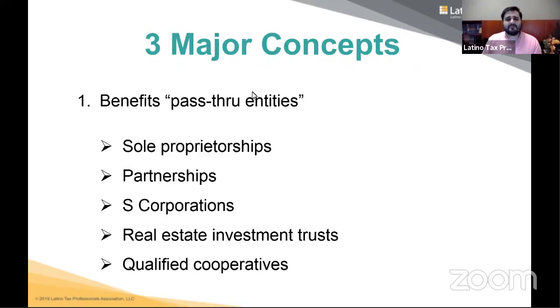Three major concepts to understand. Number one, it only applies to pass-through entities like sole proprietorships, which are Schedule C, partnerships, S corporations, real estate investment trusts, and rental activity. Like I said earlier, it could be the case for individuals to receive a deduction for rental activity.